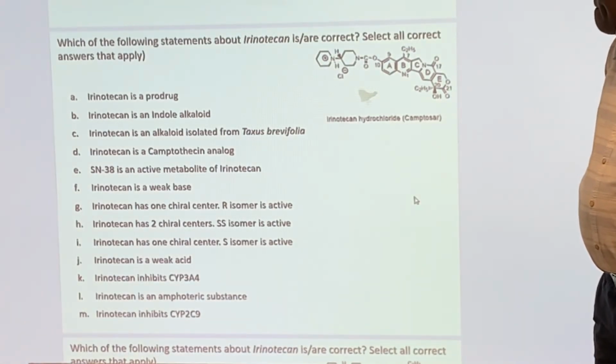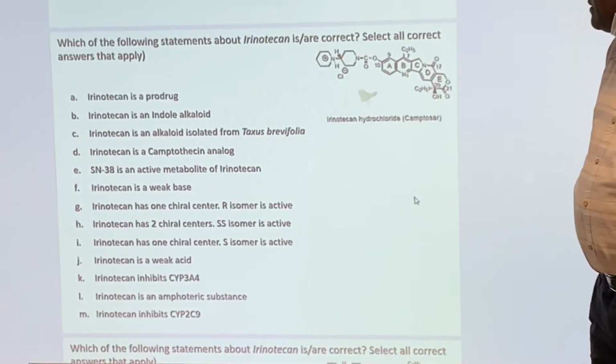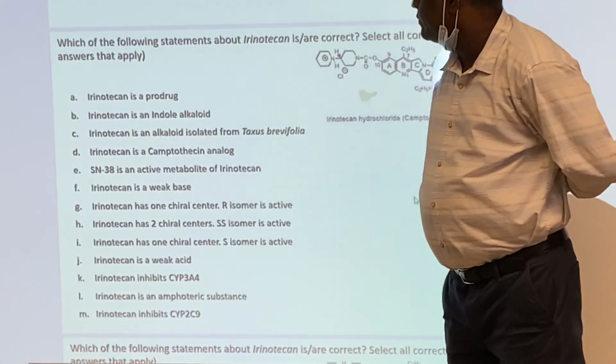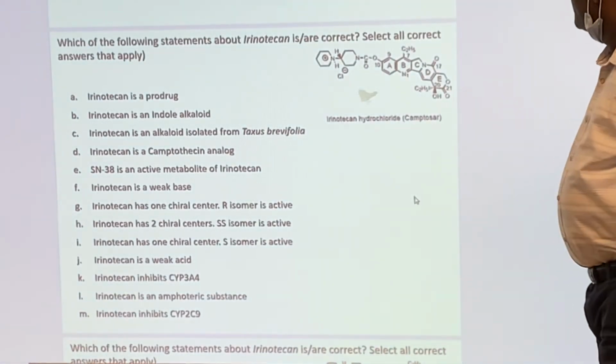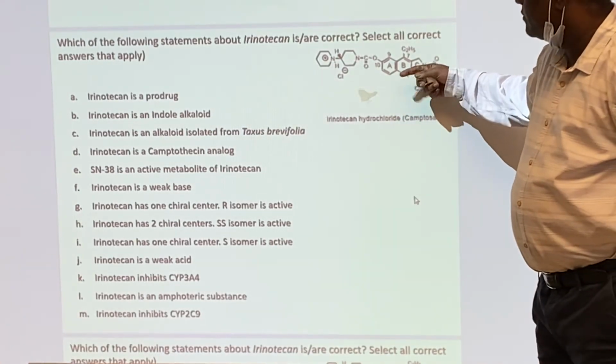One chiral center. Yeah, that's the chiral center, one chiral center. The S isomer is active and it is a weak base.